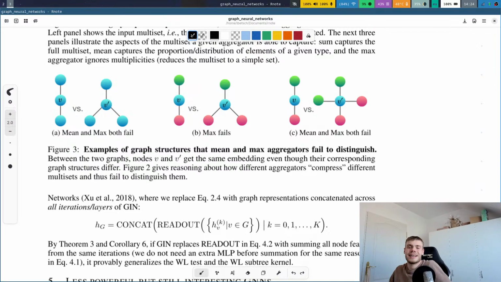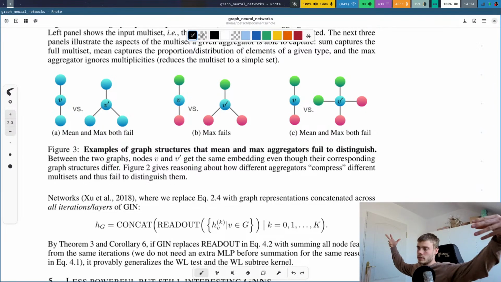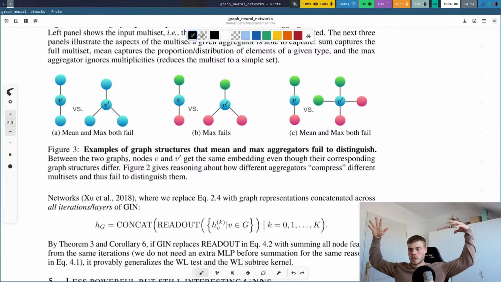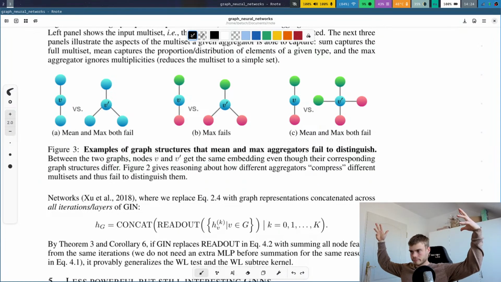So this is exactly what they're trying to avoid, right? You have 2 graphs with a different topology, with a different structure, and they get the same embedding. This they want to really not have.